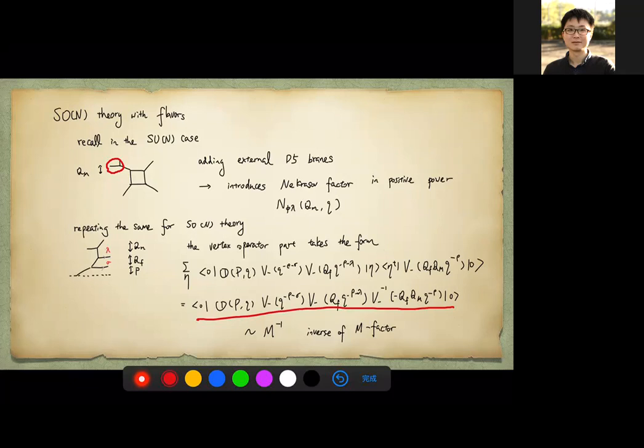So if we can really get the closed form of the M factor, then we can write down a very analytic expression of the Nekrasov partition function of these gauge theories, at arbitrary number of instantons, I guess.